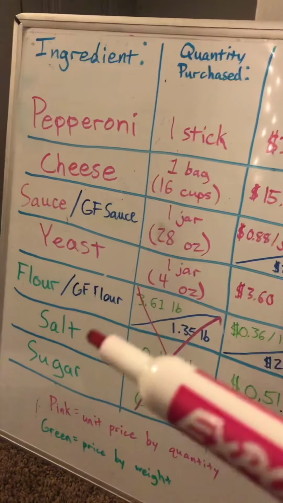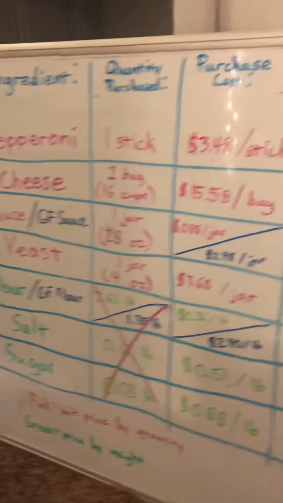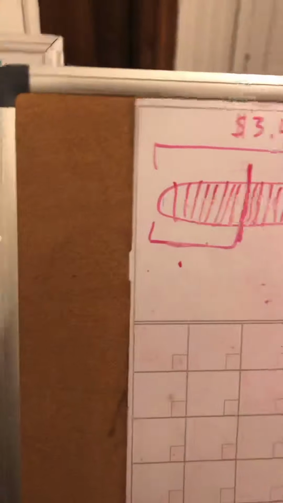And we need to do that for how much cheese and how much sauce and how much yeast and how much flour and how much salt and how much sugar, all of those ingredients we needed to make just 1 pizza.